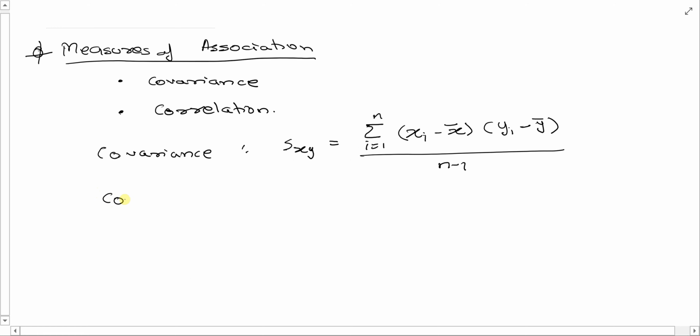Correlation, which comes out of covariance, we will represent it by this letter R. So the correlation between x and y is nothing but the covariance between the two variables divided by the product of the individual standard deviation, right?